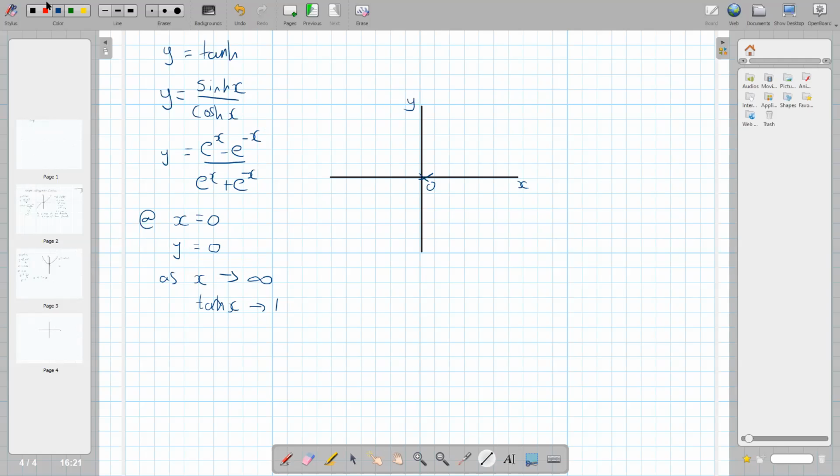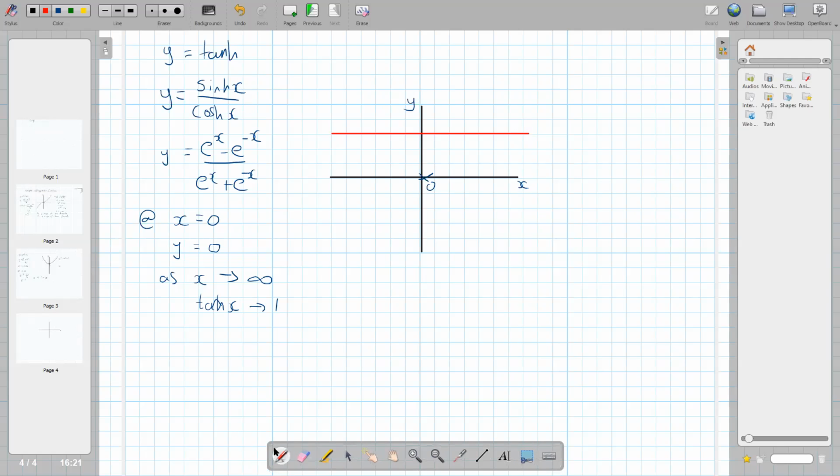So let me just put that on here in red. So maybe there is 1. Our graph is going to come up like this and tend towards 1. So this is y is equal to 1. What about as x tends to minus infinity? As x tends to minus infinity, this time this is going to turn to 0, this is going to turn to 0, these are going to cancel out, but we're going to end up with this residual minus sign.